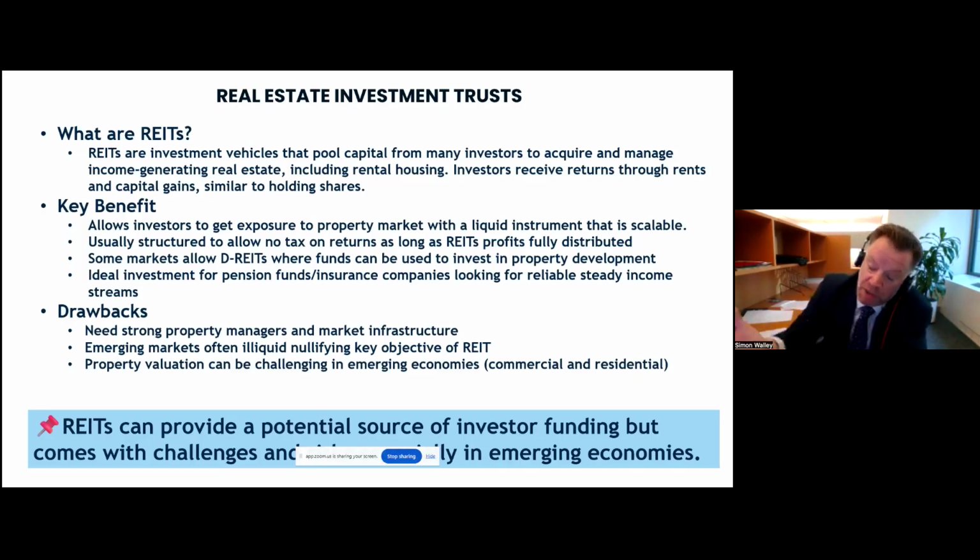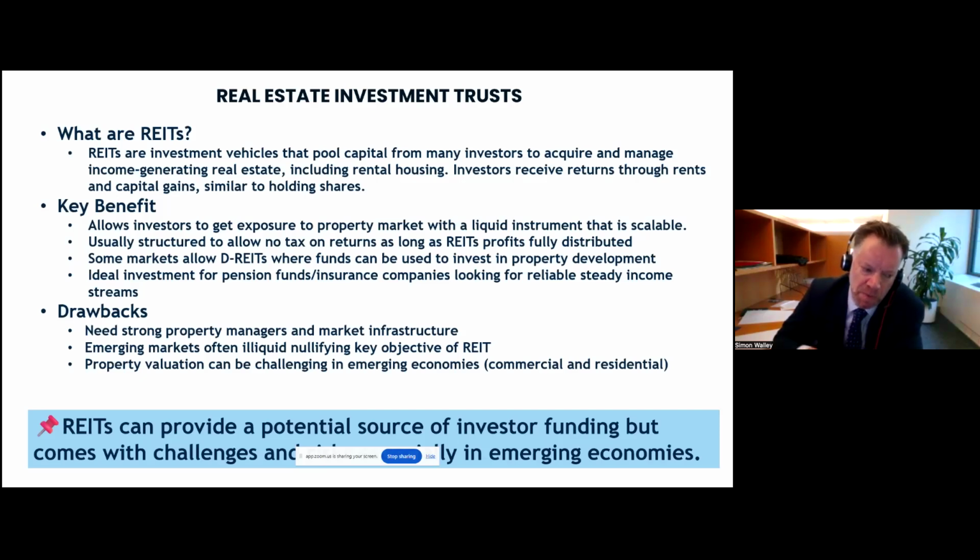Much as with the broader rental sector, REITs tend to work better when you have a much more institutionalized rental sector. So again, you need that strong ecosystem around rental: property managers, listing services, and so on, to ensure regular collections and efficiency of the system.